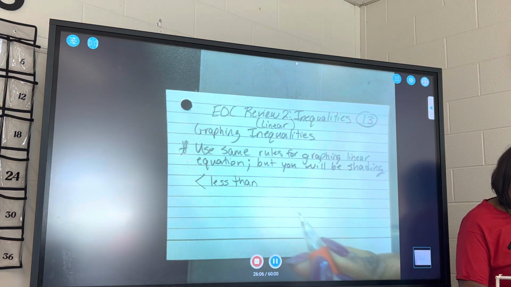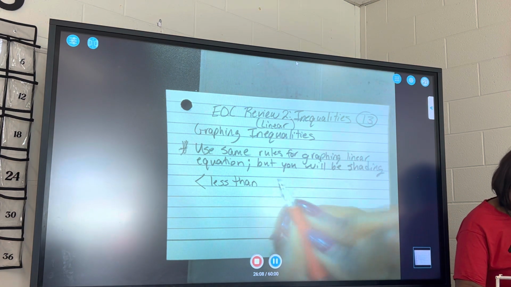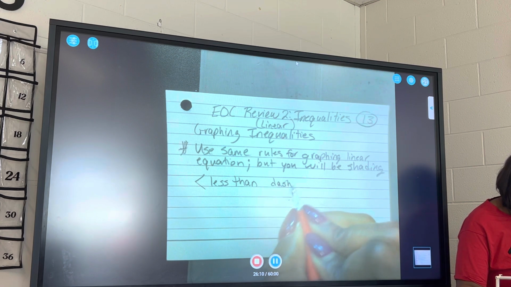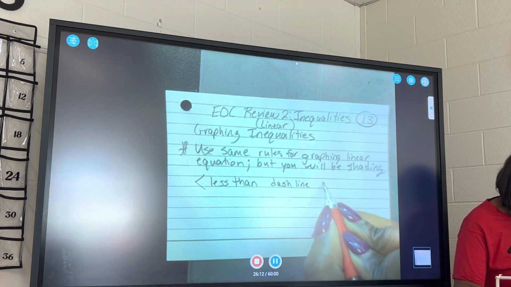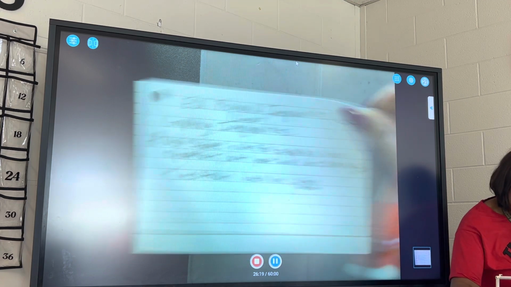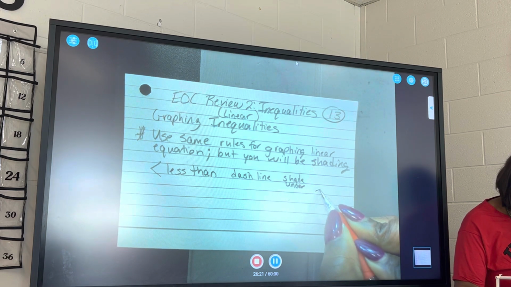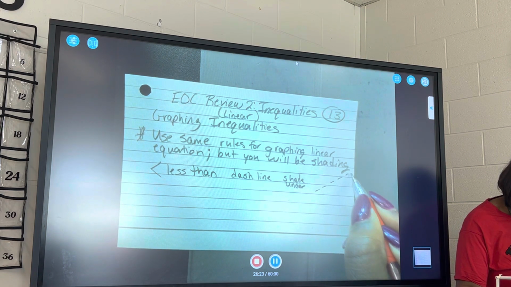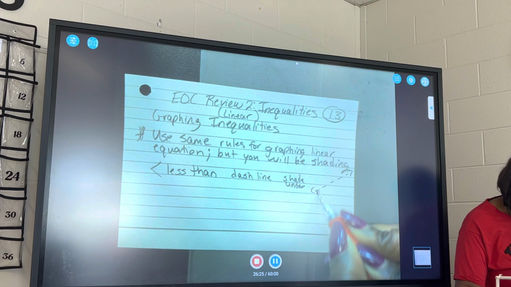The line is gonna be a dash line, and you shade under. That looks like this, dash line, and you're gonna shade under the line.